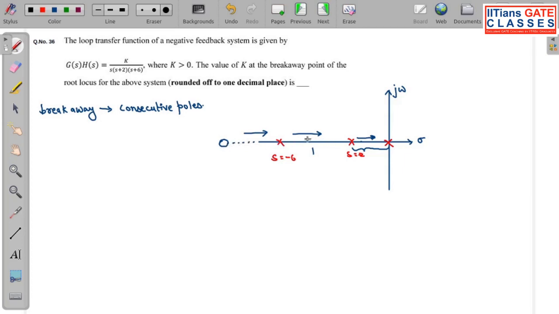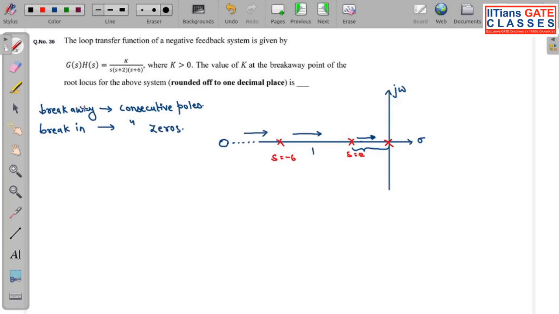So a breakaway point always exists within two consecutive poles. So here we will have a breakaway point, and a break-in point similarly is in between consecutive zeros. Here our main aim is to find the breakaway point.